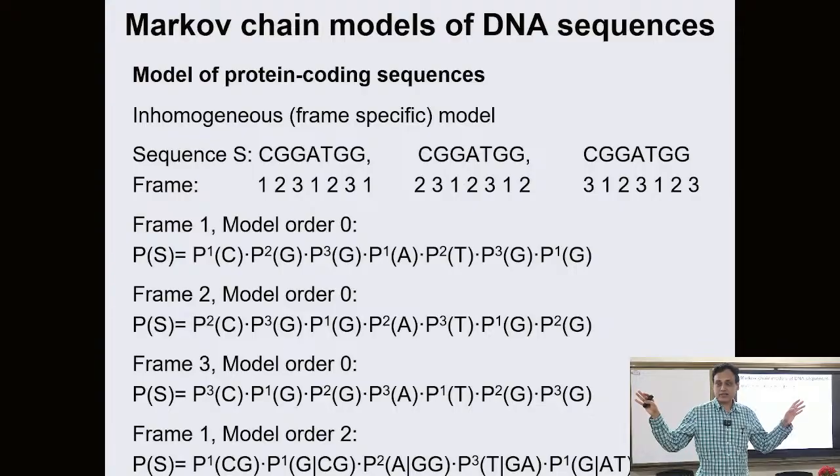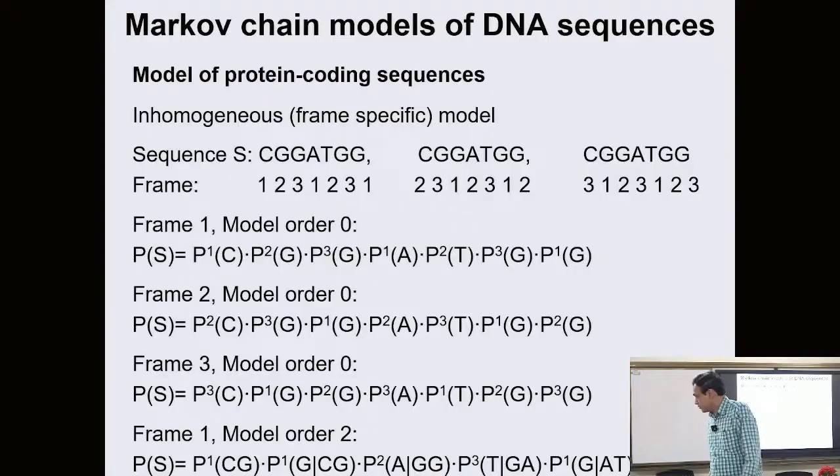We saw that the probability distributions at the three codon positions differ from each other, which means there are biological reasons why they differ, and you would want to capture this biological information within the model framework. That model framework is an inhomogeneous Markov chain model. Inhomogeneous means a codon position specific or frame specific Markov chain model.